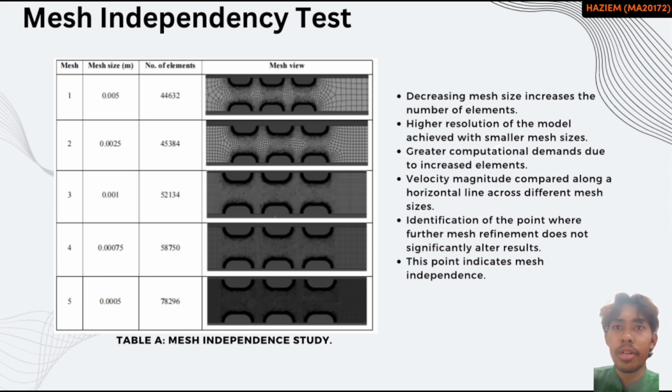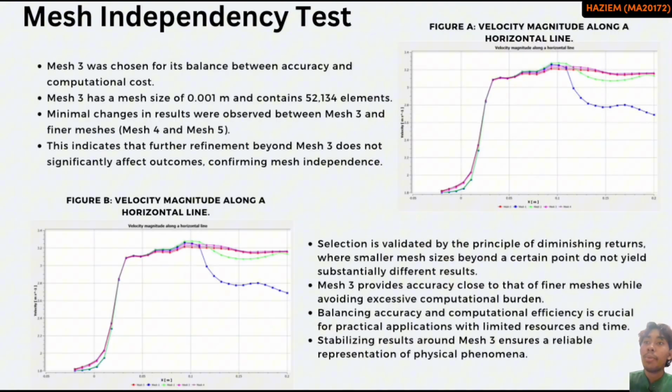High resolution of the model is achieved with a smaller mesh size, but there is greater computational demand due to the increased elements. So at this point, we can indicate mesh independence. We conclude we are choosing mesh 3 for its balance between accuracy and computational cost. Minimal changes in results were observed, which indicates that further refinement beyond mesh 3 does not significantly affect the outcome.